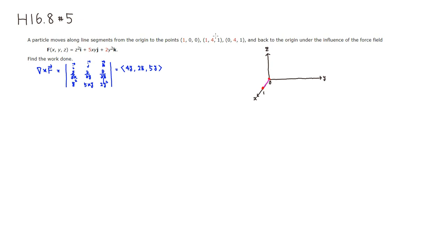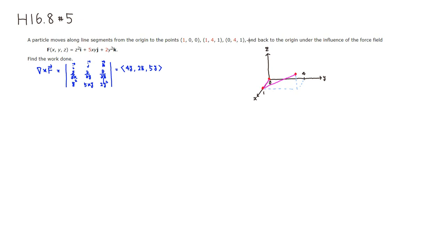Then you have 1, 4, 1. So y is 4 there, and we go up 1 unit, so we have a point here. We go straight to there.